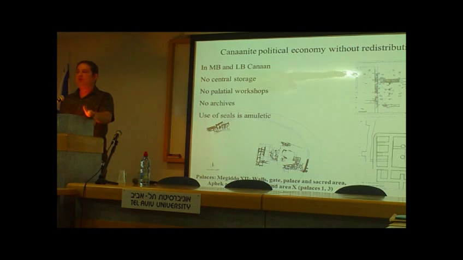There are no palatial workshops, which should be one of the bases for palatial economy. There are no archives from the Middle Bronze Age to speak of, and there are no archives of the Late Bronze Age to speak of. I know somebody in the audience will say the Amarna letters. So we have less than 20 letters from Canaan which are connected with the Egyptian administration.